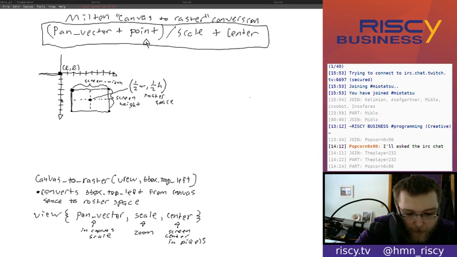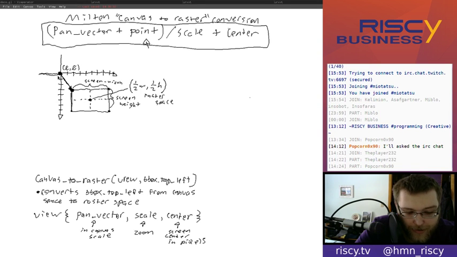So we have a pan vector, which would be this right here. And then we have a scale.